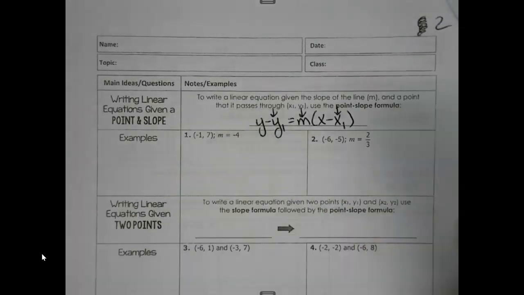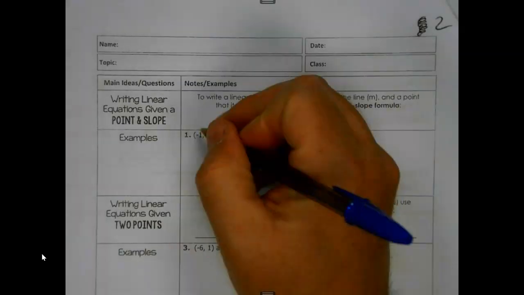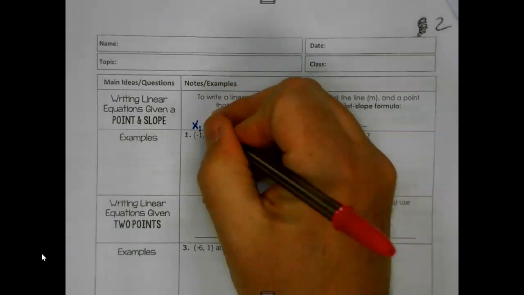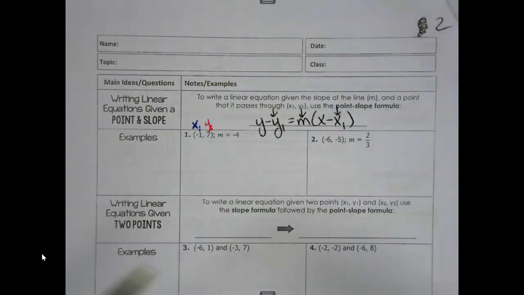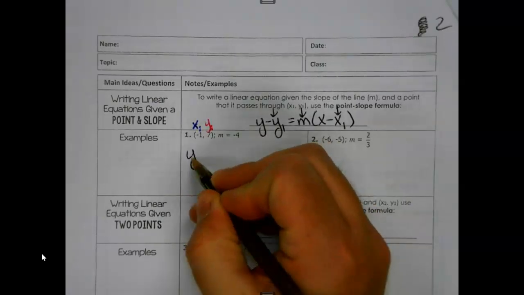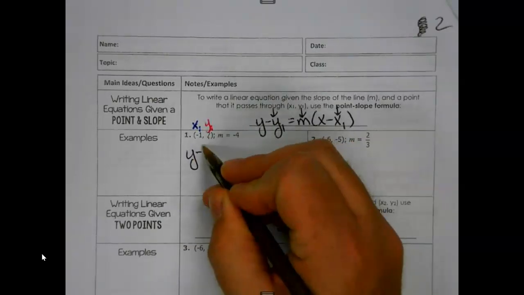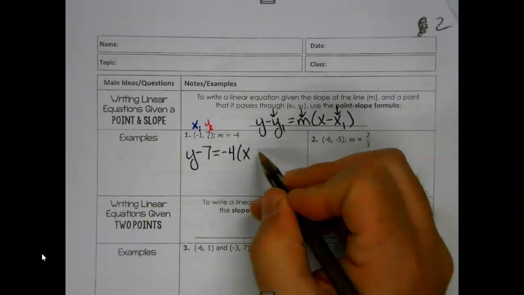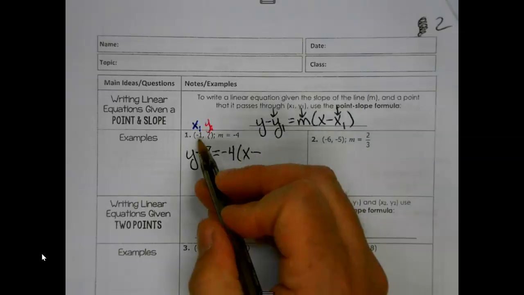So when you're looking at a point like this, this is x1, this is y1, not to be confused with x and y. So I just start following along: y minus, there's my y1, equals m times x, now minus x1.